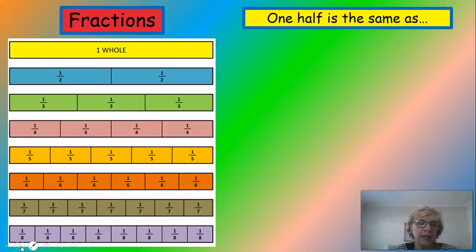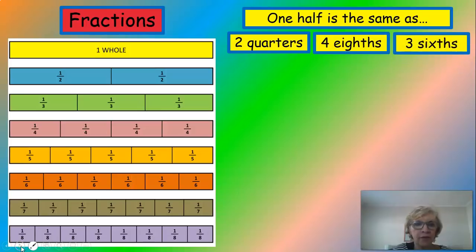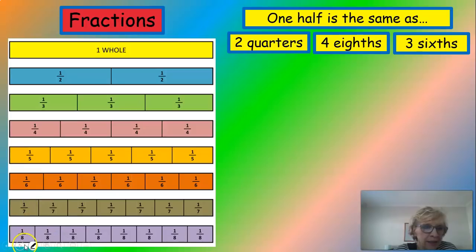Now we're going to look at equivalent fractions. Remember, I did speak about that the last time we did fractions. So we're going to say, well, 1/2 is the same as what? Is the same as 2 quarters, 4/8, and 3/6. Well, let me just show you that, grade 3s. Let me just see if you can see what I'm talking about. I'm now going to grab my highlighter and I'm going to change its color.